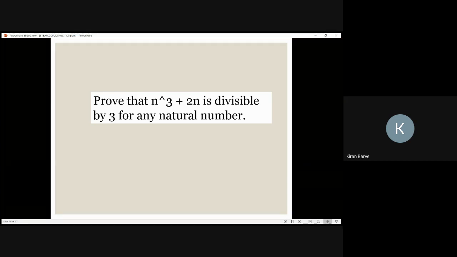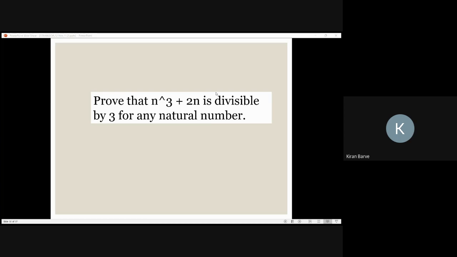Here the power is that I am going to try and prove it. I cannot write on the whiteboard, so I will tell the statement slowly. I want to prove that it works for all natural numbers. When divided by 3, what are the remainders possible? 0, 1, 2.